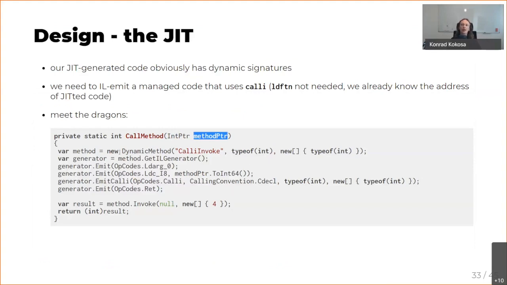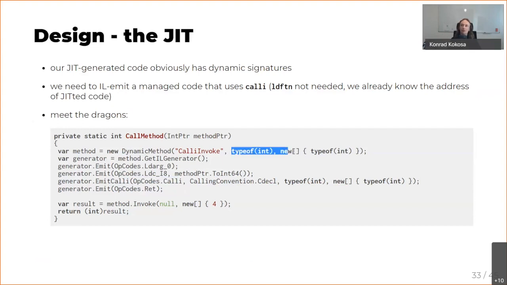I'm using the dynamic method and its possibility to emit IL code. Maybe you have seen this before, maybe not. We have such low-level things in .NET. You can, just in time, by the use of reflection, emit your own methods dynamically, and I'm just doing that here. I'm using it to emit the calling instruction to call a function under the given address.